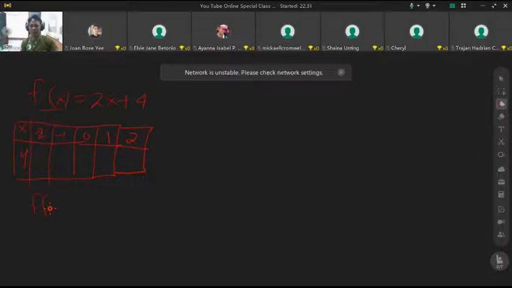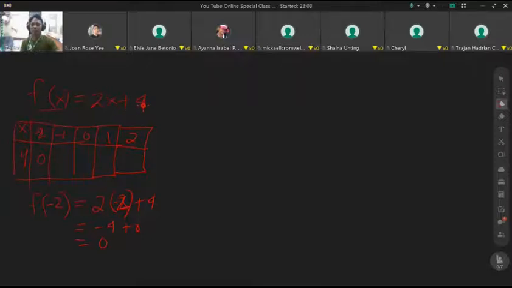We will go back to evaluation of functions. This becomes 2 times negative 2 plus 4. This becomes negative 4 plus 4 equals 0. The first column is 0. How about if x is negative 1? 2 times negative 1 equals negative 2 plus 4, that is 2.